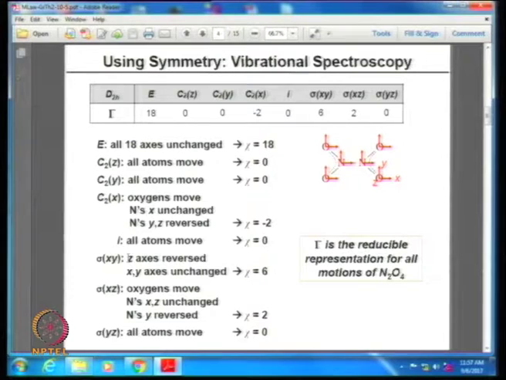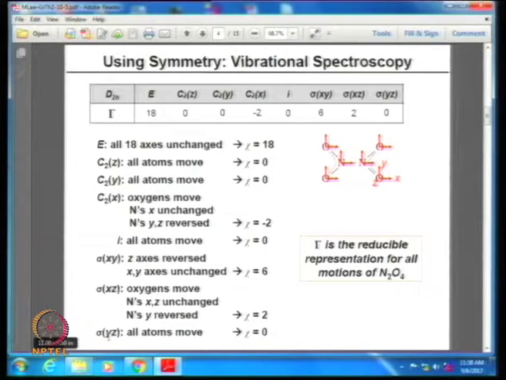If you do an xy reflection, the Z axis is reversed, but X and Y axis are unchanged. So for the reversals, you will get minus signs. For the things that remain unchanged, you will get plus signs. So totally you will get 6. I have not calculated this, but I think that is what it's saying, and so on.